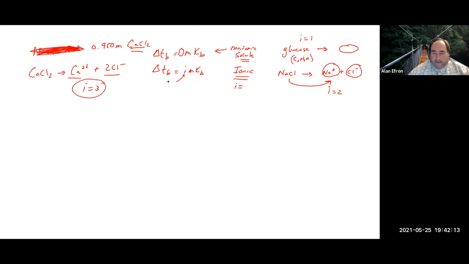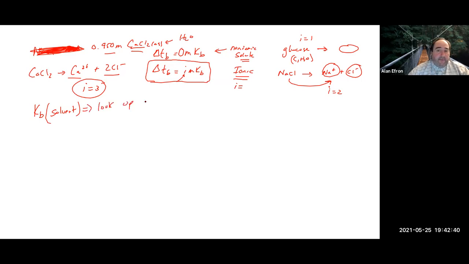And we would use this version of the equation; i is really the only difference. The molality is given to us. The Kb in this case is based on the solvent, not the actual solution. If you had an aqueous solution, the solvent would be water, and you would look up this value in a table.